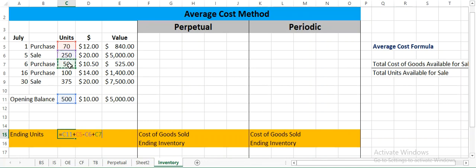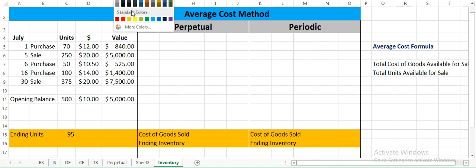Again, we add 50 units because we purchase more, add 100 because we purchase more, and we sold 375, so we take that away. That gives us ending units of 95. We have the 95 units, but how do we know what value to place here? We don't know until we're able to calculate it.